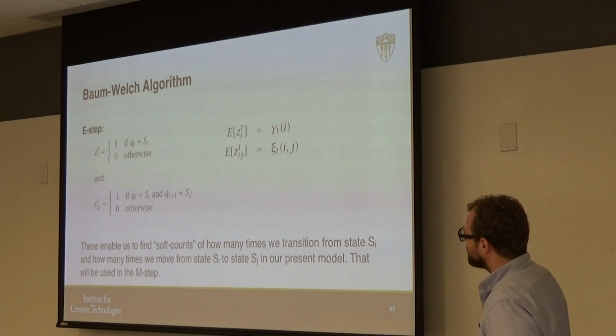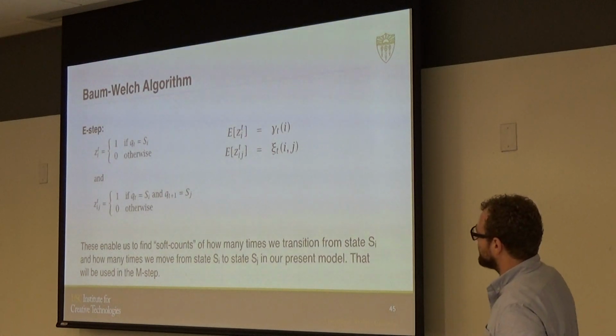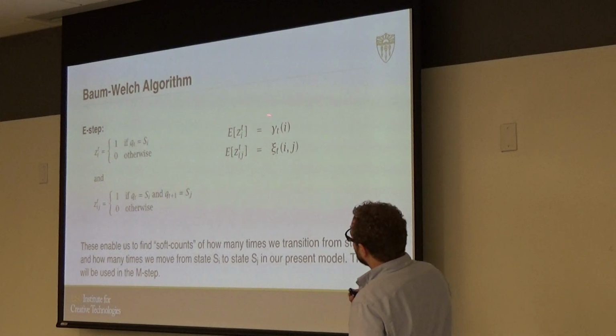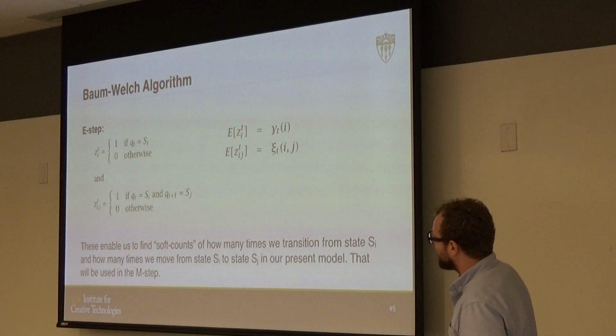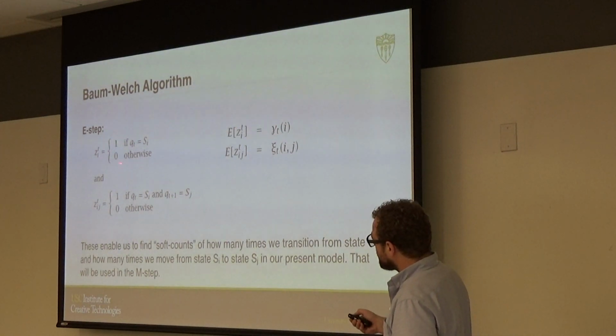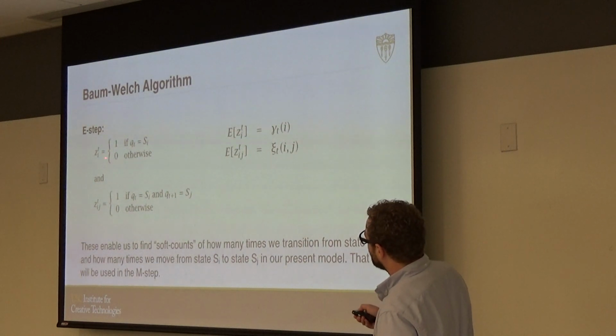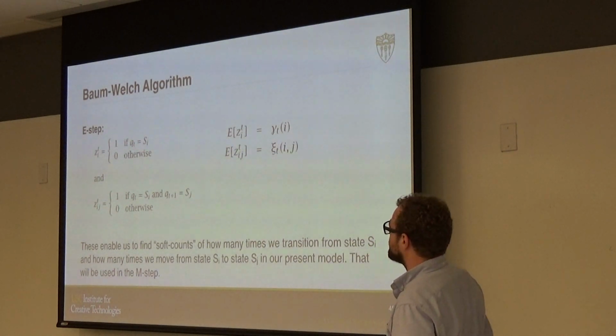For the expectation step, we compute the expected values for these gammas and for these chi's. We have some indicator variables for whether we are in Si or whether we are transitioning from i to j.